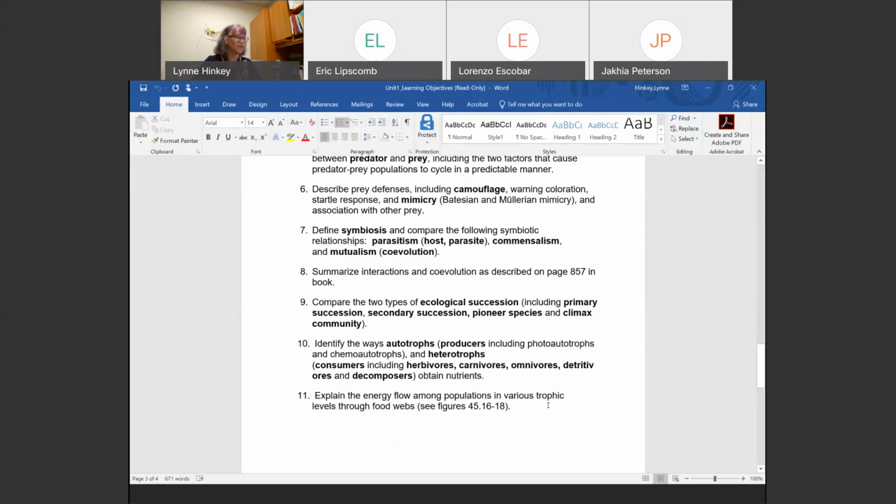And then energy flow. So you want to look at that. Figure 45.16 through 45.18 just talks about different energy flows. So energy always flows through a system. Solar energy comes in, gets captured by plants. Some of that energy is used for growth. Some is used for motion, for reproduction, for everything the plant needs to do.